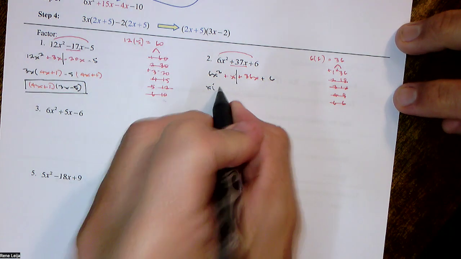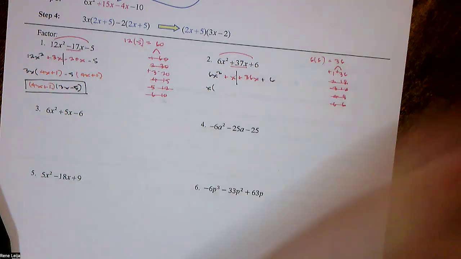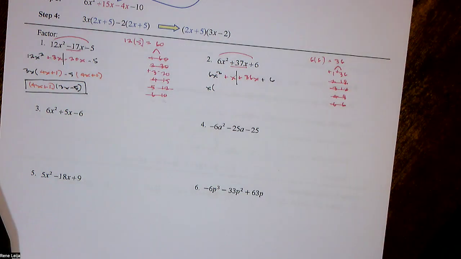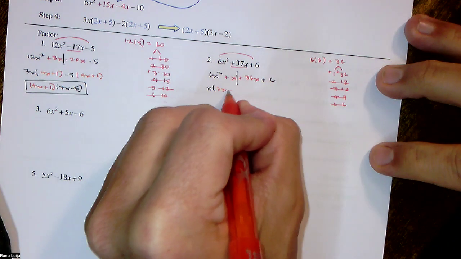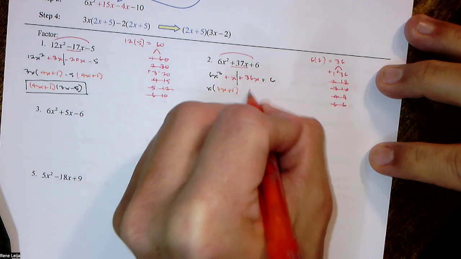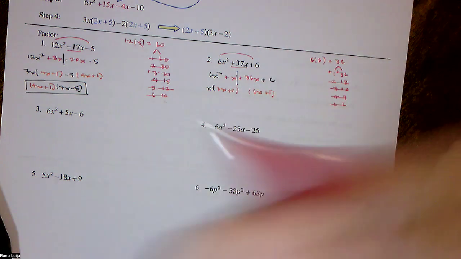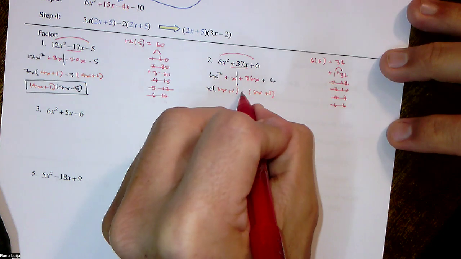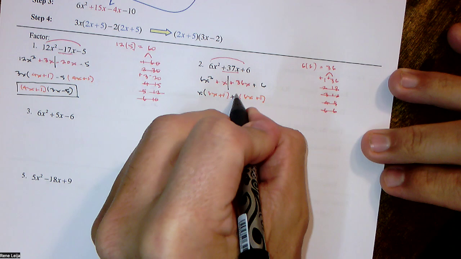Take the GCF out. And then we're left with a 6x plus 1. And I have to take a 6 out of the second grouping.